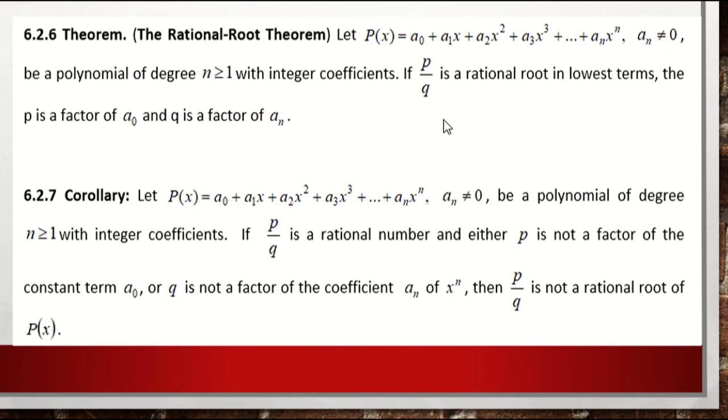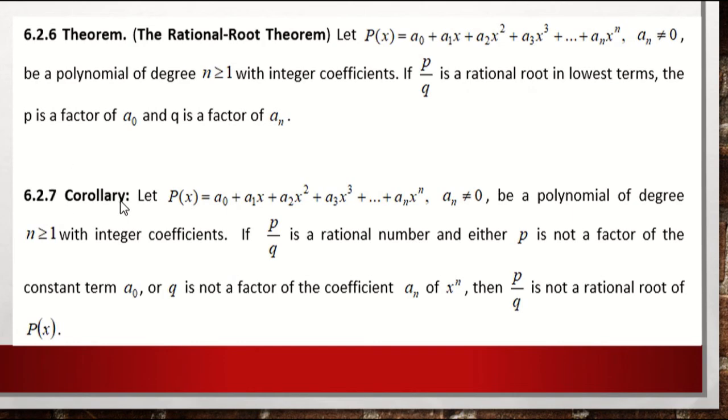If p over q is a rational root in lowest terms, then p is a factor of a sub 0 and q is a factor of a sub n. Okay? So, kung naa tay p over q, this is the lowest term na nga root. So, ang p factor sa atong first term, then ang q factor sa atong last term.